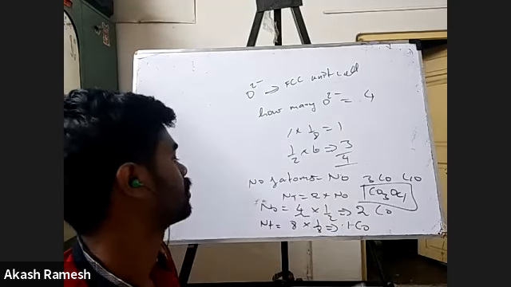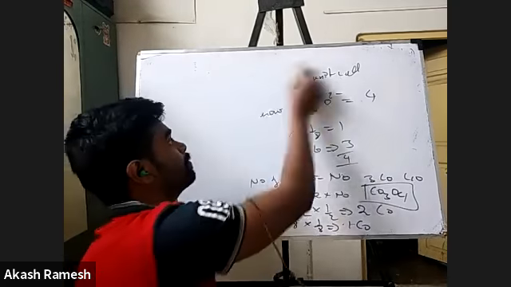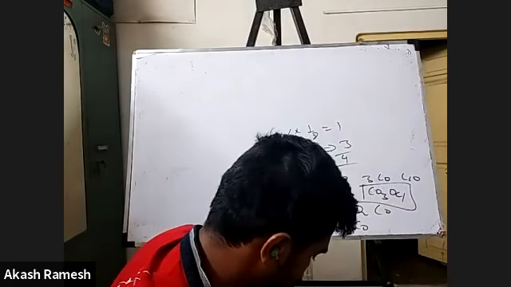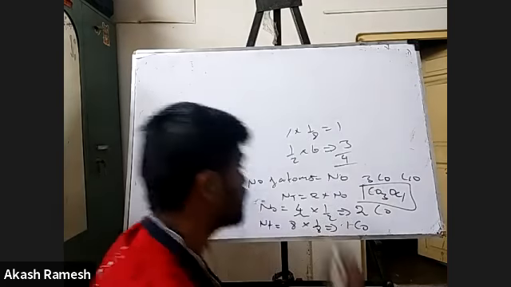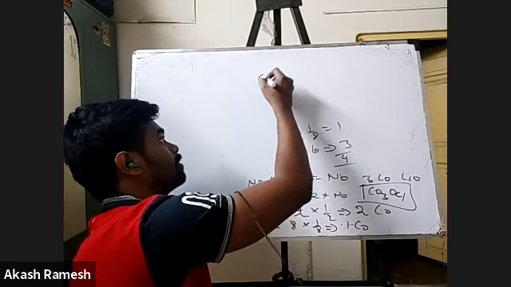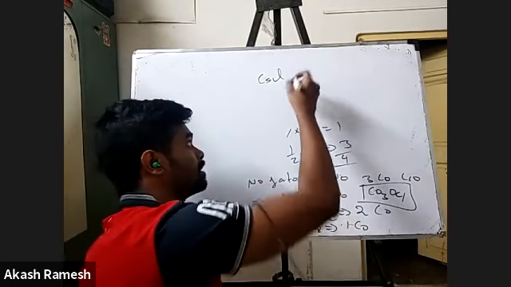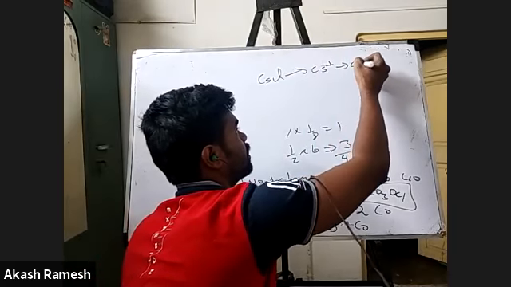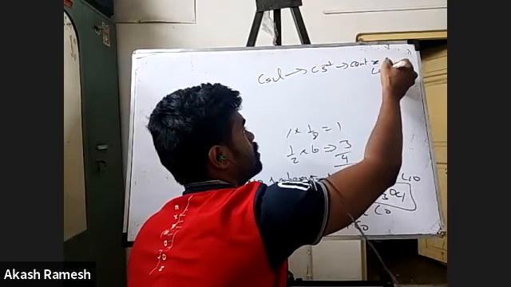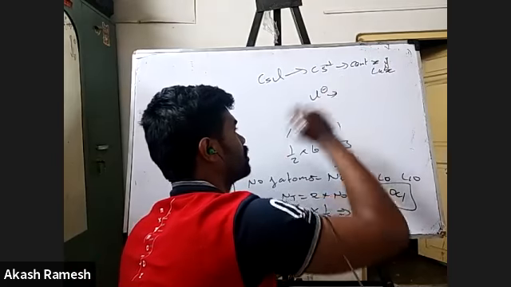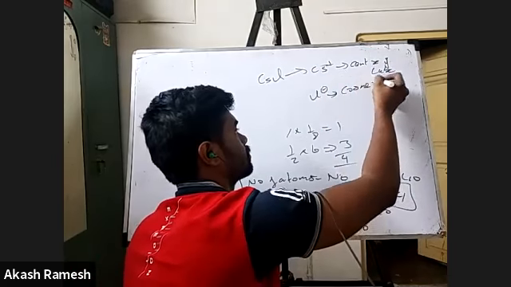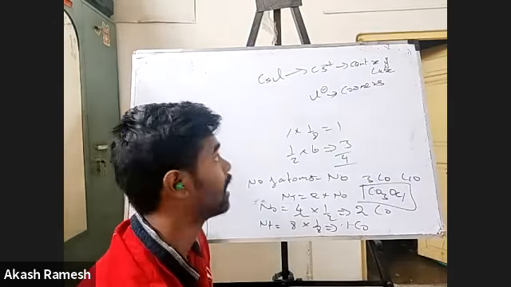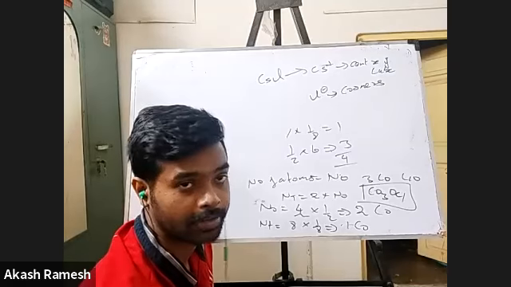Okay, so I think this will be fine. So next question, they say CsCl, cesium chloride, right? So what happens is in this, Cs+ ion is at the center of the cube, and Cl- ions are at the corners, right?